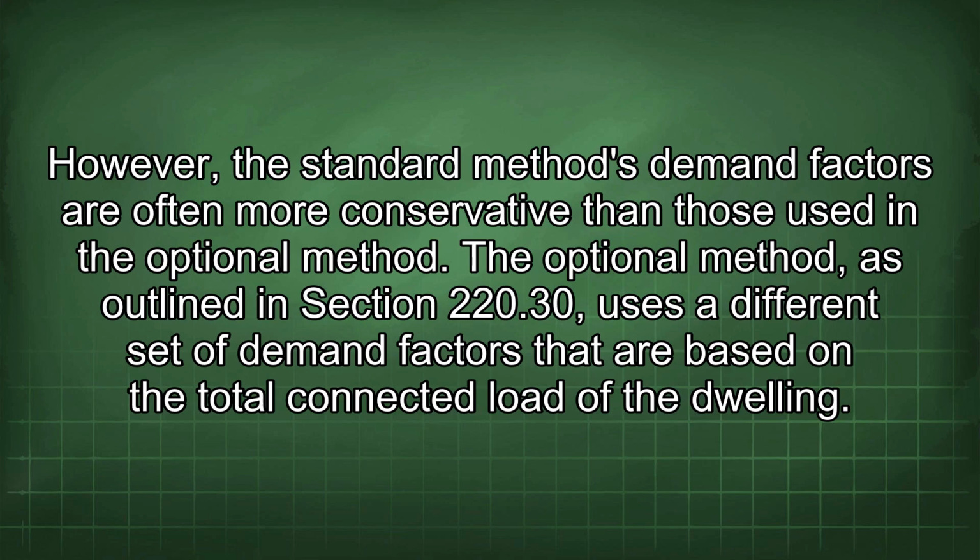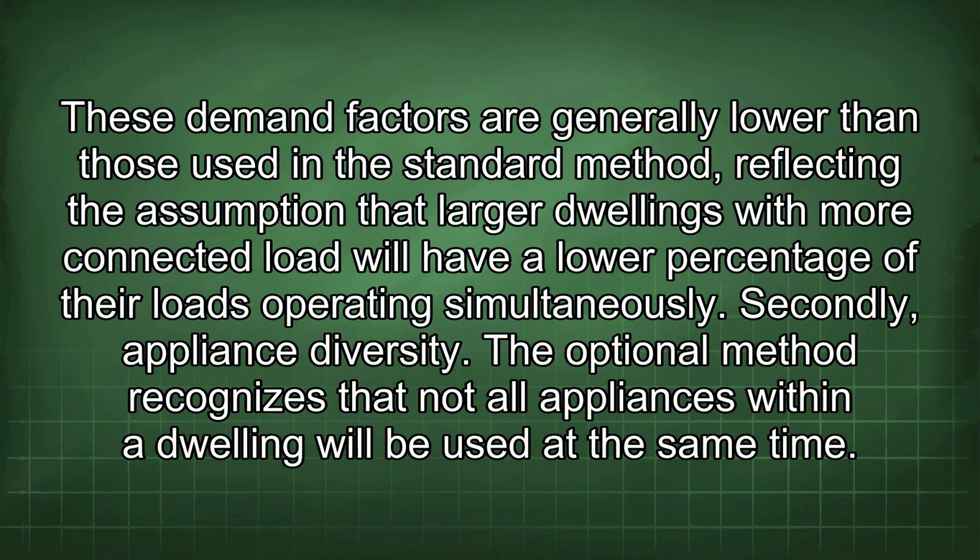The optional method, as outlined in section 220.30, uses a different set of demand factors that are based on the total connected load of the dwelling. These demand factors are generally lower than those used in the standard method, reflecting the assumption that larger dwellings with more connected load will have a lower percentage of their loads operating simultaneously.